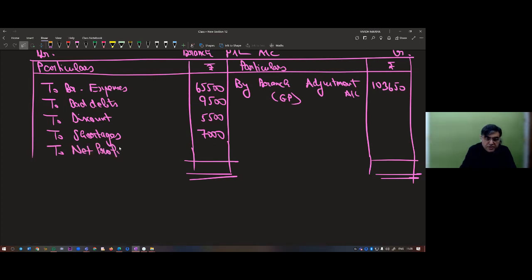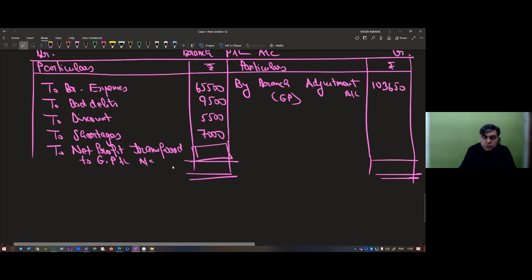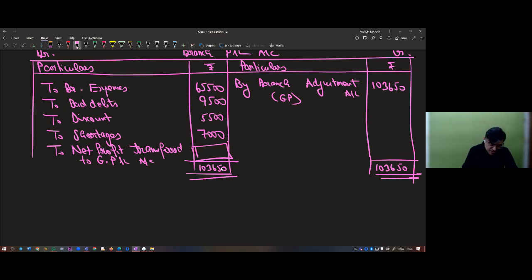Net profit transferred to general P&L account. 1,03,650 minus 65,500 minus 9,500, 5,500, 7,000.